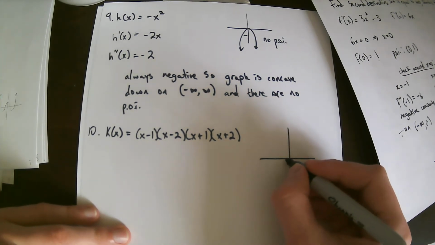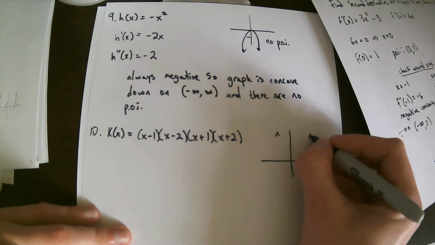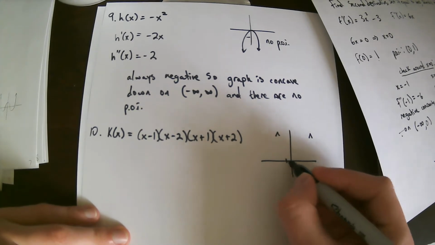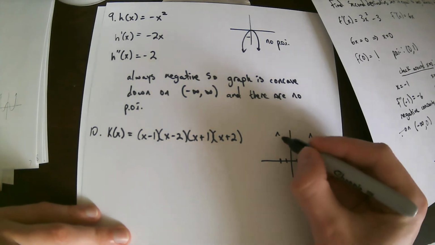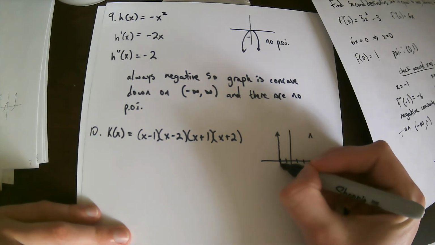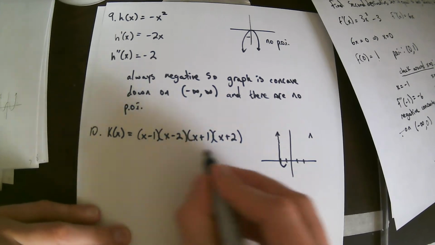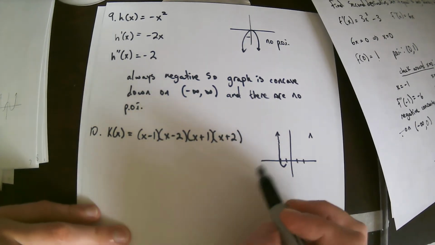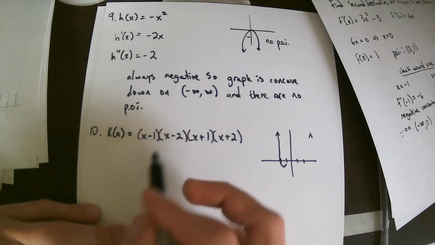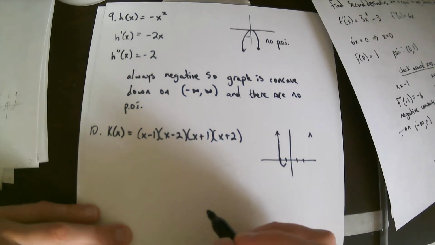So it's got an x-intercept. Well, first of all, both sides are facing up. X-intercept at negative 2, negative 1, 1 and 2, so it's got to come down, go through there, and there's no multiplicity. Remember, if it's got exponents, it would have multiplicity, and an even multiplicity means the graph bounces off that x-intercept.